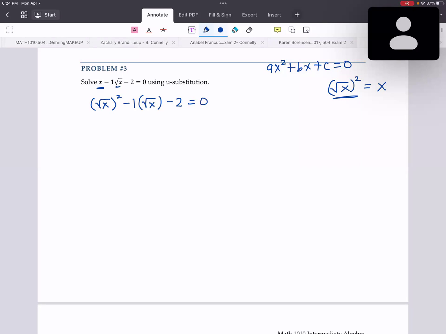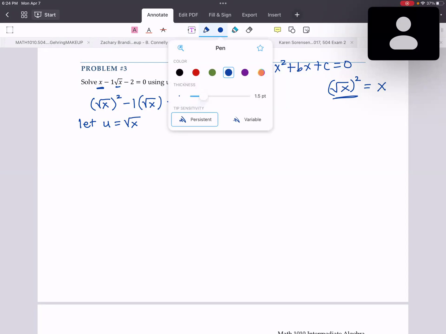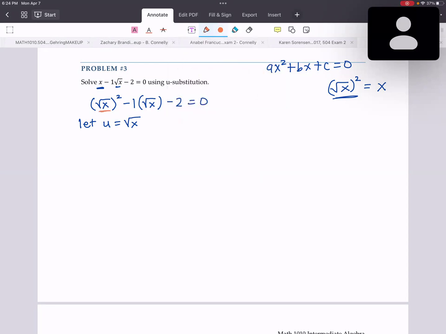Now it looks really crazy to try and solve this with the square roots in it. So that's why we're going to let u equal square root of x. Do you see how I have that in both parts? It has to be in this term and in that term. And that will make it easier for us to factor this to solve it.